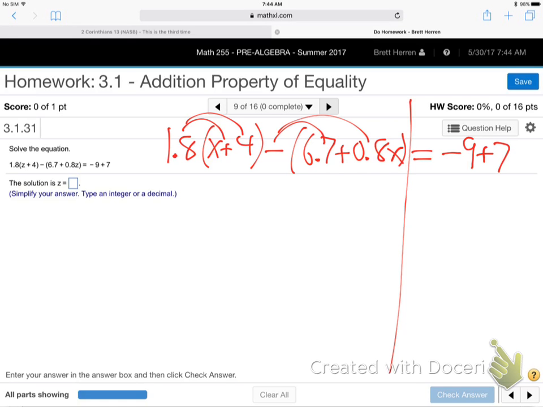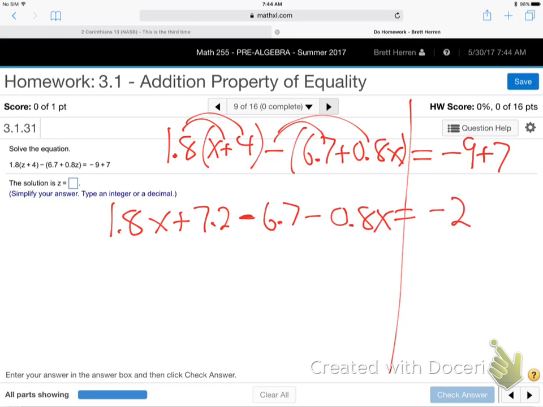So we have 1.8x plus 7.2 minus 6.7 minus 0.8x.